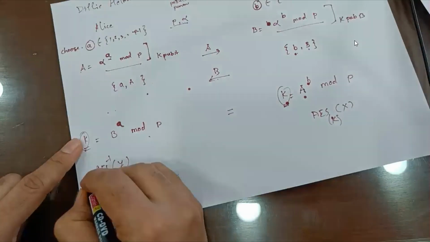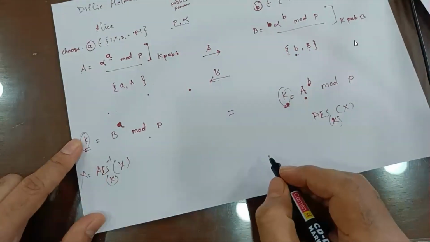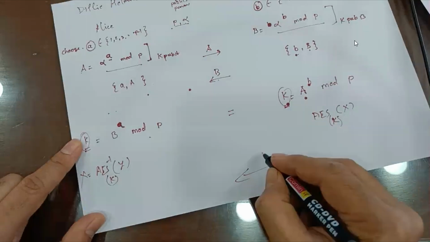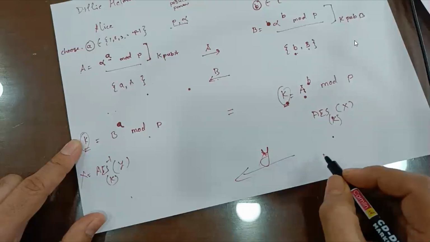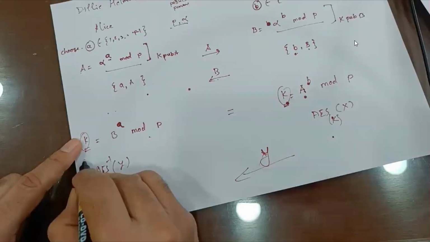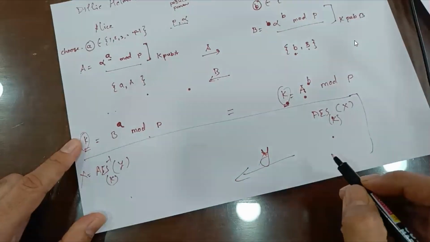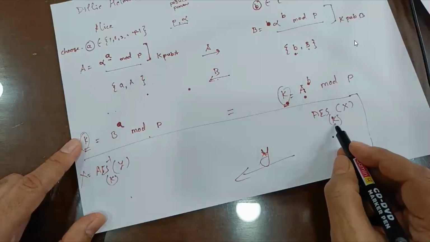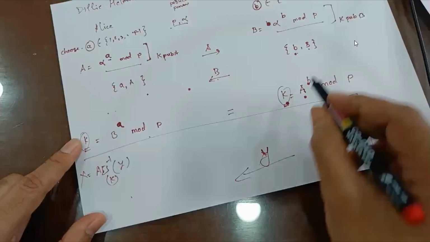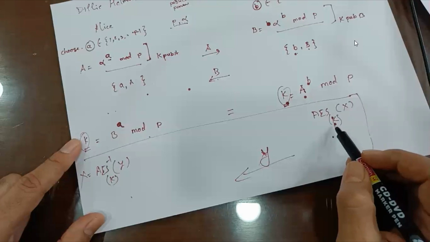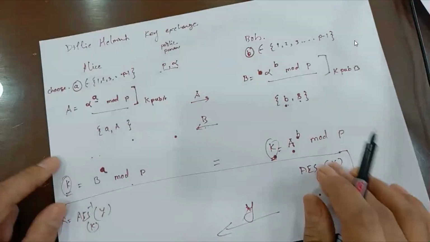To produce actual X. Okay, let's say X is sent, I'm sorry, Y is sent by Bob to Alice. So to do this, you also have to share the key with Alice. But here in this process, you are not sharing actual K, but you are doing all this process.